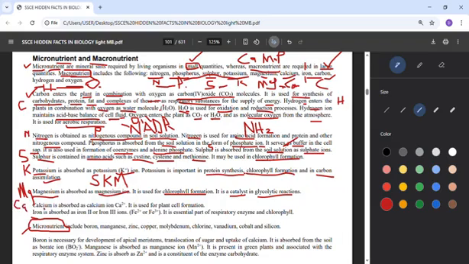Calcium is another important macronutrient. When you look at calcium, it is absorbed as calcium ion and is used for plant cell formation. So when a cell is being formed, calcium will support this formation. Then iron. Iron, the one I said is not part of the first 20 elements, but it's part of the macronutrients. Iron is very important. It's absorbed as iron 2 or iron 3 ion, and it's essential for respiration, respiratory enzymes.